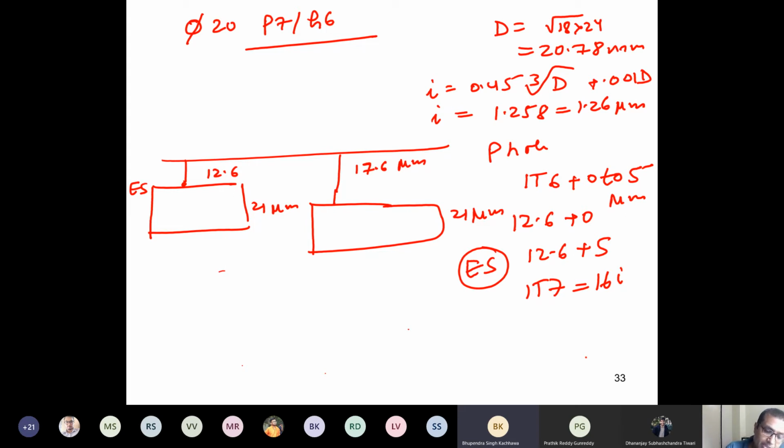hole lie? H6. H is what? You remember H is what? 0, right? H has 0 fundamental deviation. Now, H will lie. So H is 0, and is it EI or ES for H? Can somebody type it? What is there for shaft H?